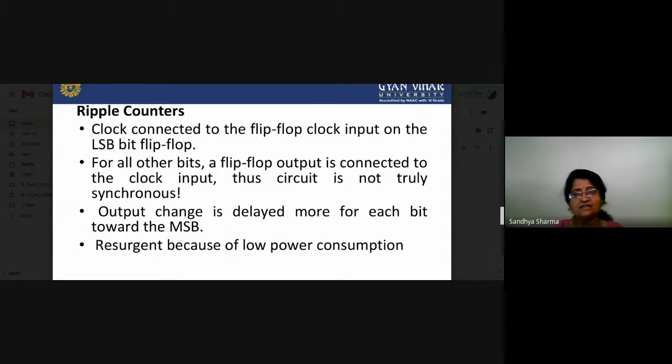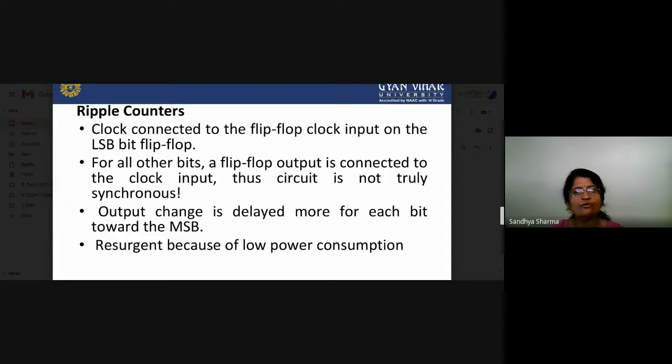The first clock pulse is connected to the first flip flop, and the output of the first flip flop is connected to the clock pulse of the second flip flop. Then the output of the second flip flop is connected to the clock pulse of the third flip flop. This is the pattern through which our counters work. For all other bits, a flip flop output is connected to the clock input.